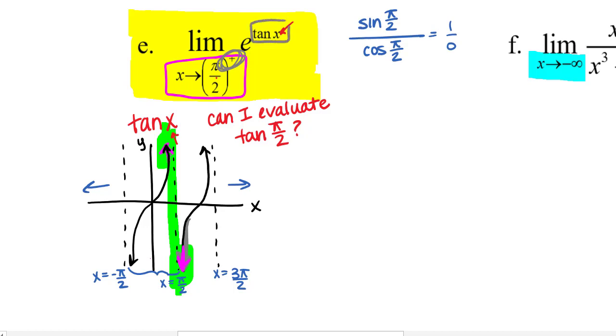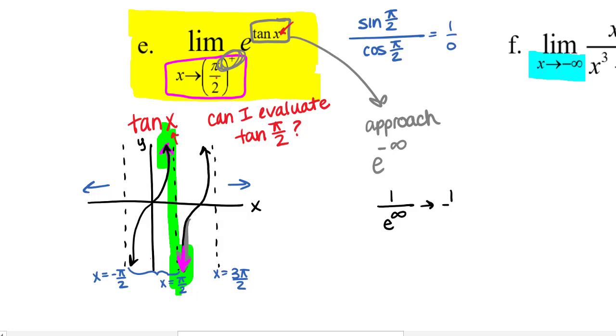So instead of tangent of x, this is going to approach e to the negative infinity. Well, what does a negative exponent do? Do you remember? A negative exponent reciprocates. So this will be 1 over e to the infinity. And 1 over something infinitely large, some people just like to write 1 over big, or 1 over infinity, is infinitely small.